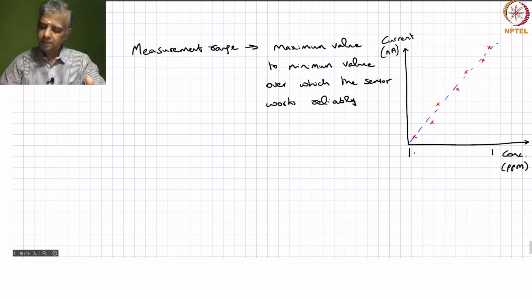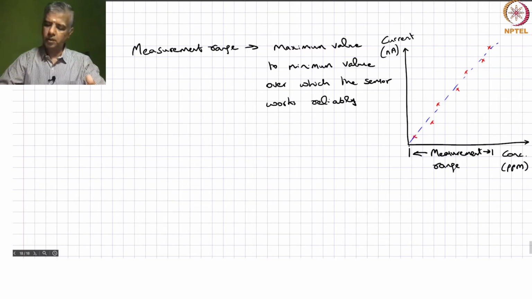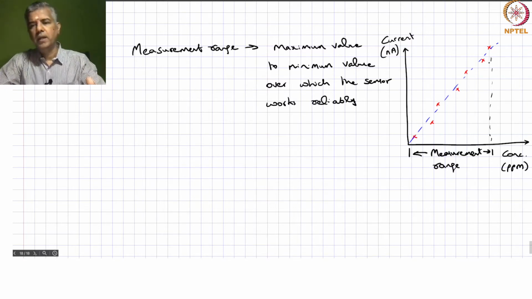So this is your measurement range in this case. Your measurement range is between this and what we have over here, right? Of course, you may argue that the measurement range may not be exactly starting from 0.